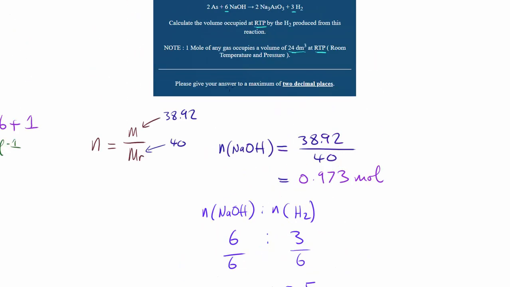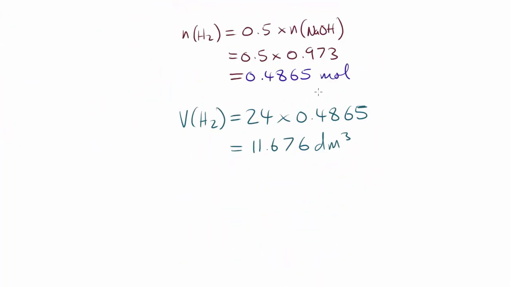It says, please give your answer to a maximum of 2 decimal places, right? So this needs to be rounded, and that's going to be equal to 11.68 decimeters cubed. Okay, so this is going to be our volume.